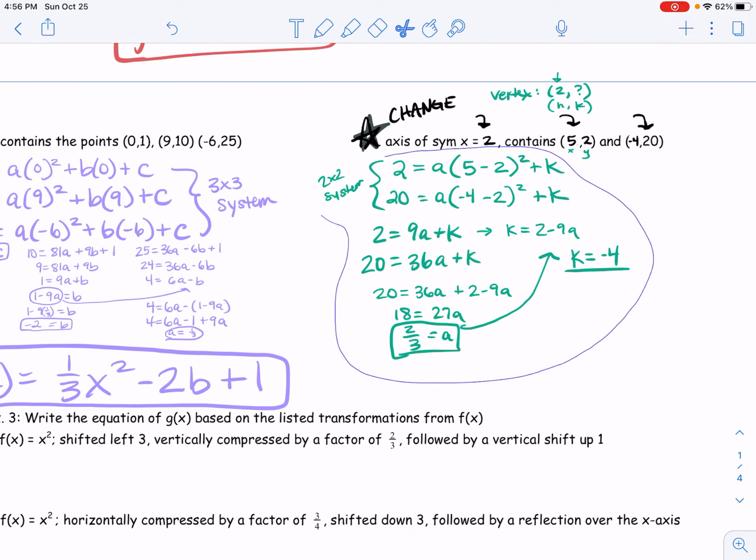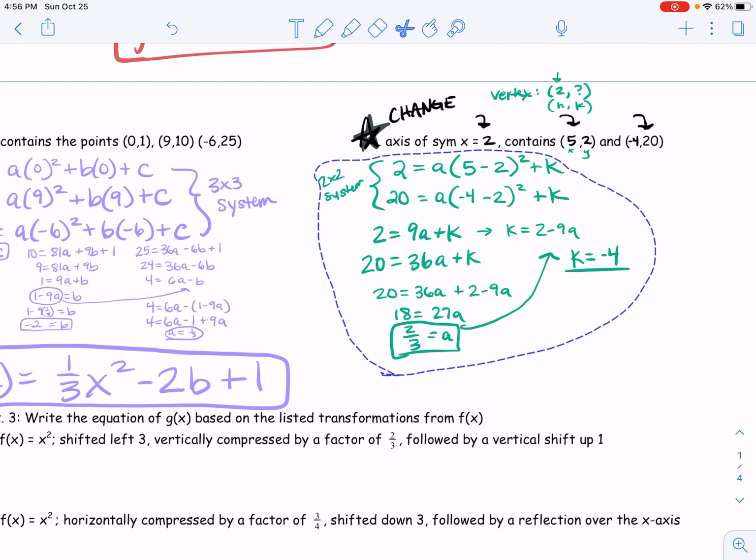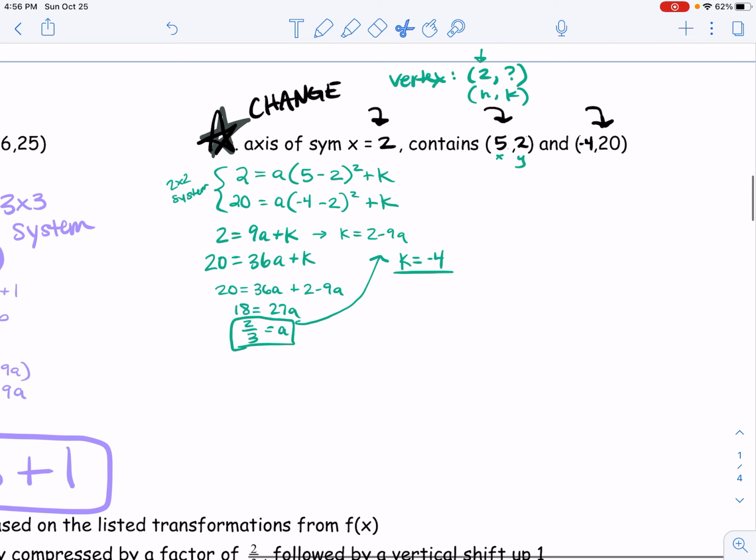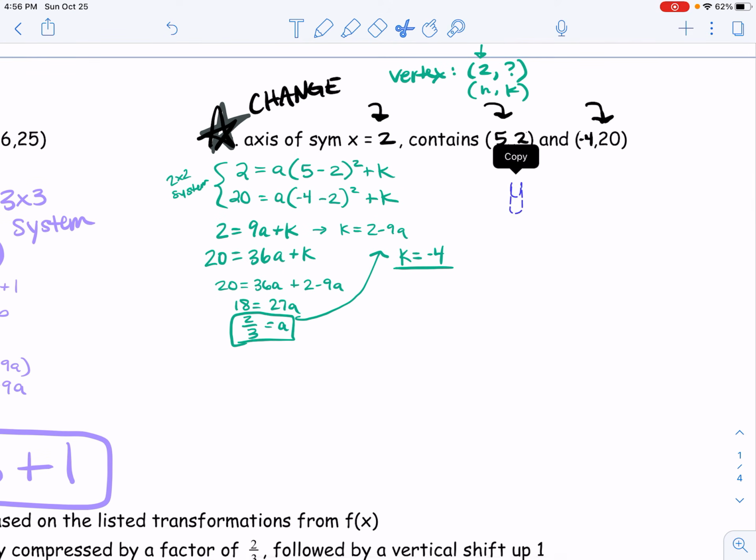So I'm going to take all this, make it a little bit small. Okay. So what I'm going to do now is first write it in that vertex form. So y equals a times x minus h squared plus k. All right. So what I'm going to do now is expand x minus 2 squared.